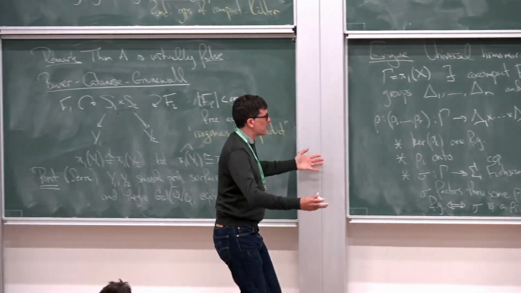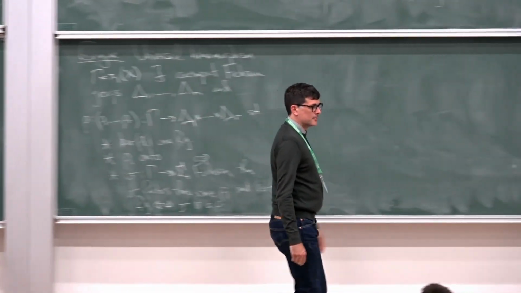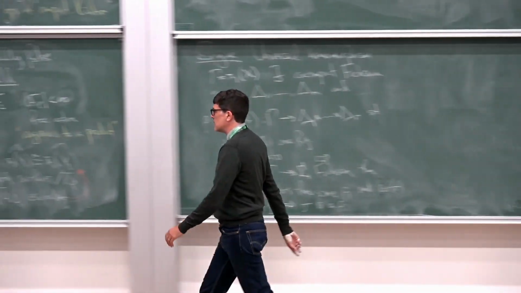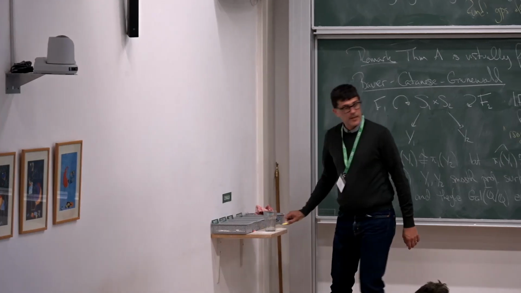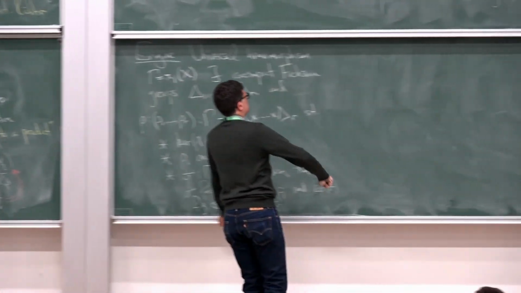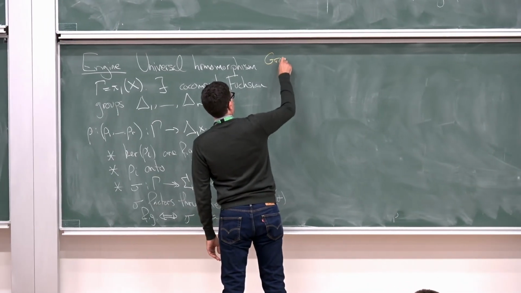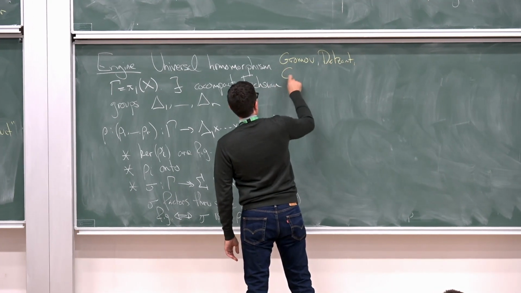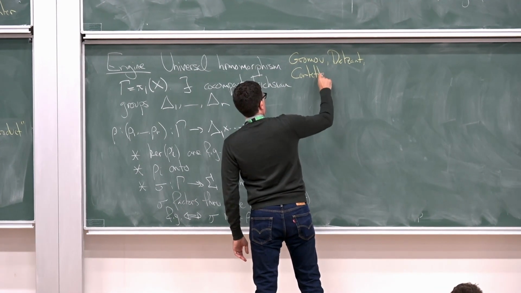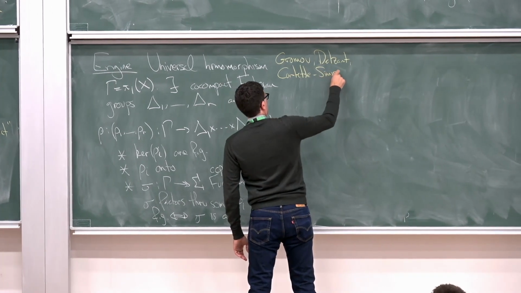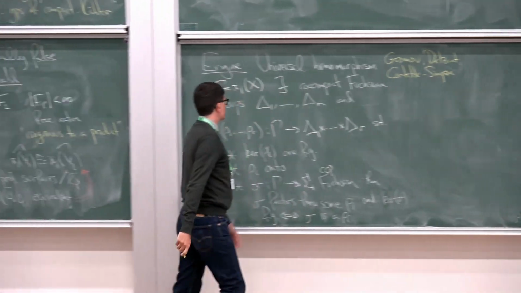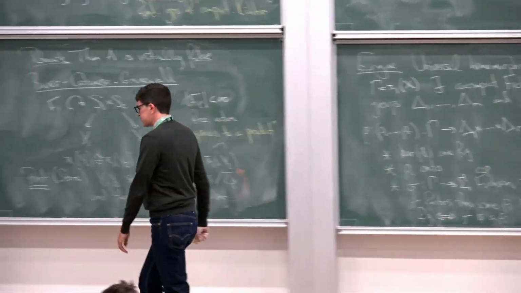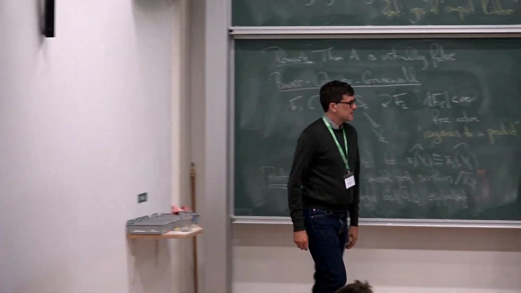So I hope the word universal seems reasonable in this, but maybe I should attribute this as well. Claudio really did some work putting this in the right language in this sense.